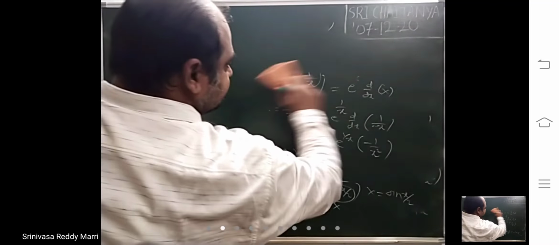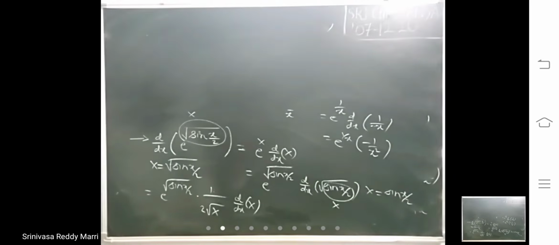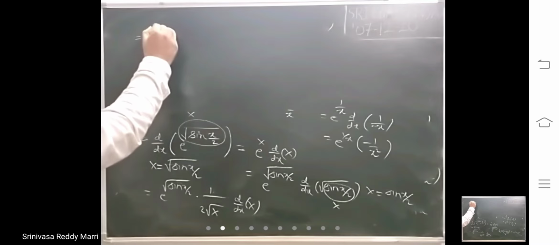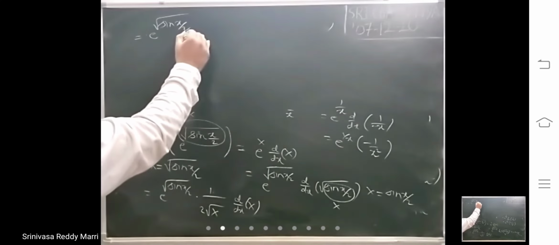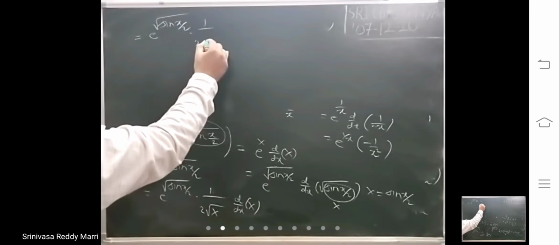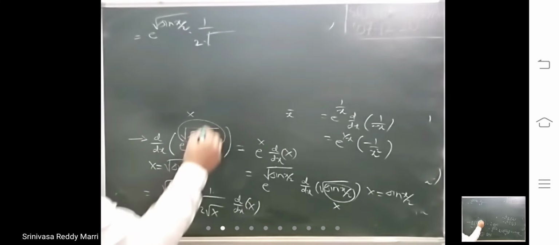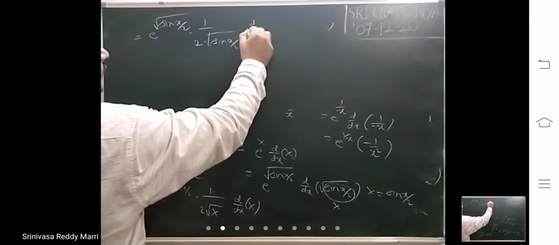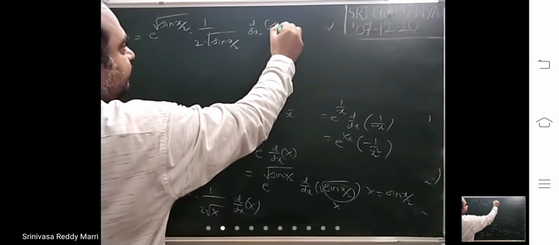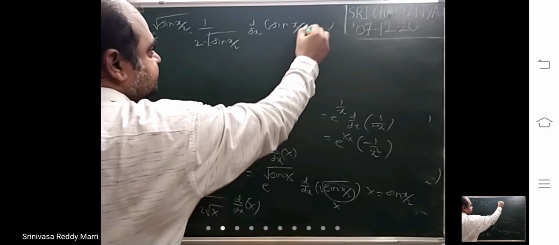Substituting that capital X in the second step, you will get e power root of sin x by 2, into 1 by 2 root of sin x by 2, into d by dx of sin x by 2.